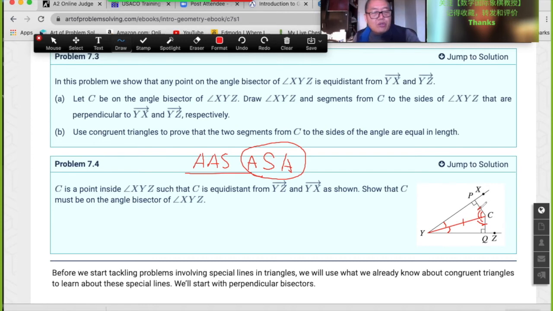After you get that these two triangles are congruent, then CP and CQ are corresponding sides. Therefore, they're equal. So we proved it. Okay? So now let's work on 7.4.